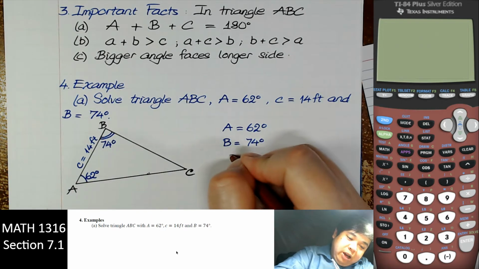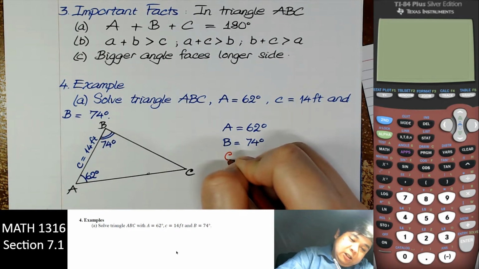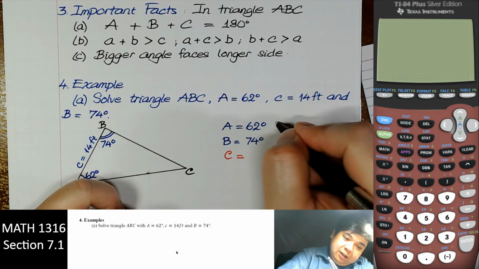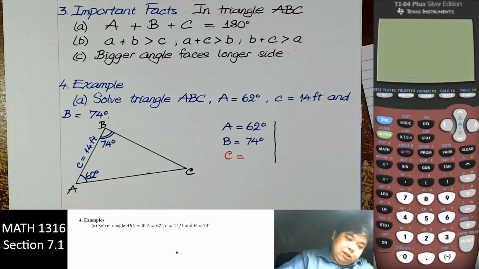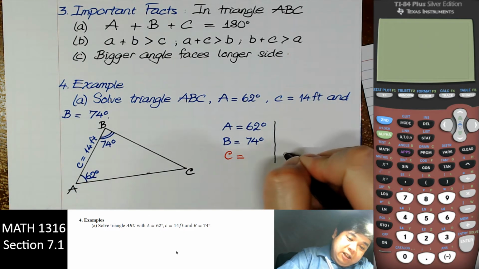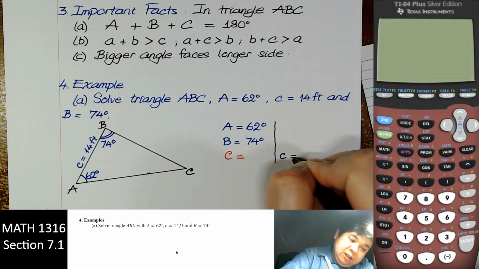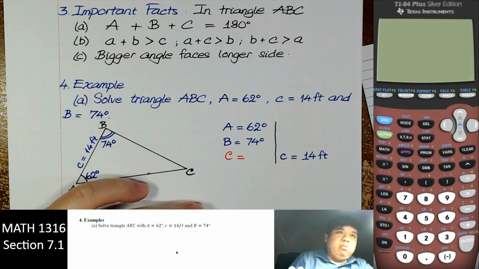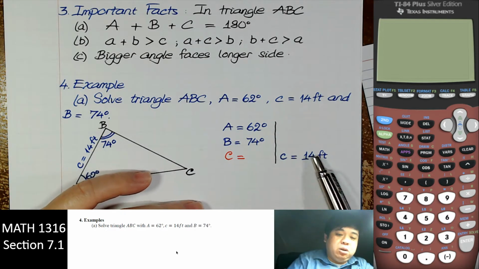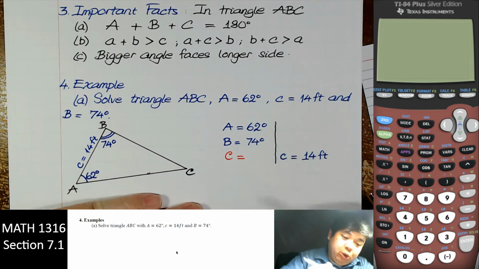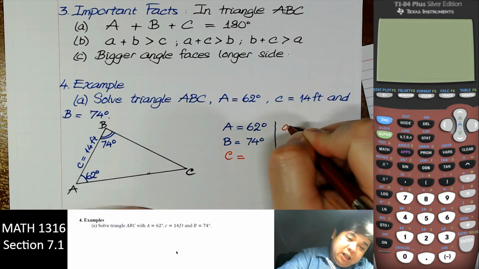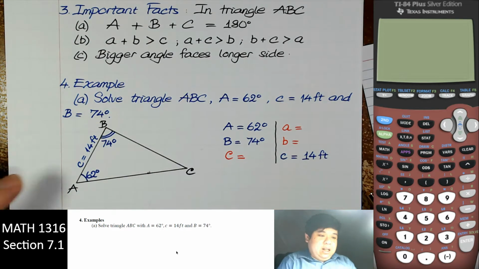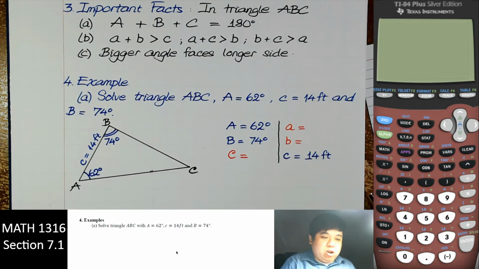We do not know angle C. But we do know side c is 14 feet. We can just drop the unit feet when we do the calculation, but the degree we cannot do that. We are not given side a, and we don't know side b. So summarize the problem, and draw the sketch to get the idea.